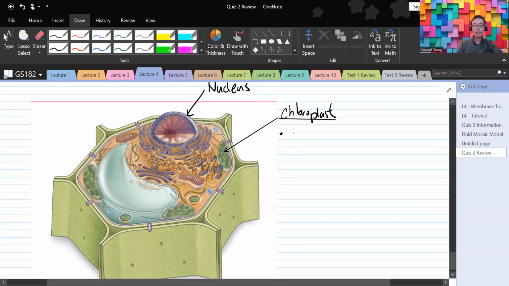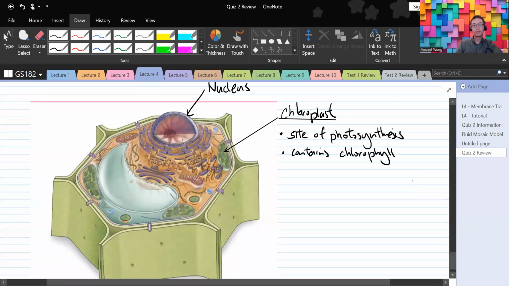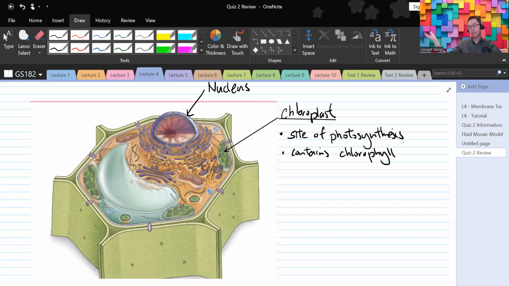So chloroplast is the site of photosynthesis, and contains chlorophyll. They're not found in animal cells. They are found in plant cells, and sometimes other cells as well that are neither animal nor plant.